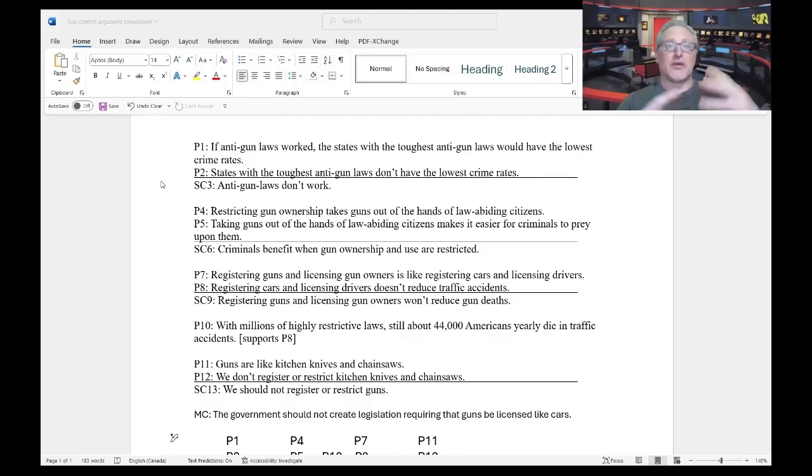Hey, if anti-gun laws worked, if they stopped crimes, then the places with the toughest anti-gun laws would have the lowest crime rates, right? And that does seem true at first glance, but we noticed the problem. We noticed the problem when we went over this doing the critical reading steps, and I alluded to that a few minutes ago.